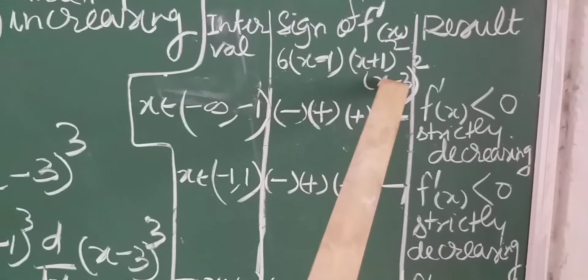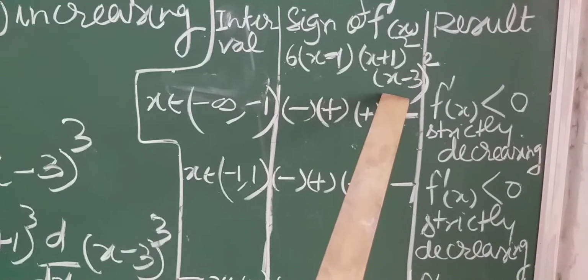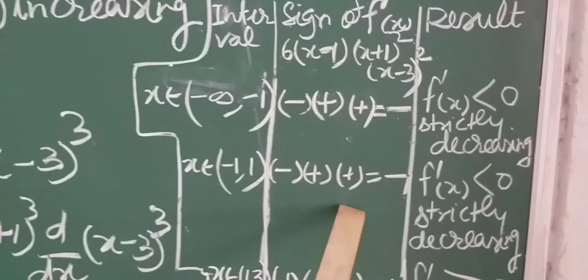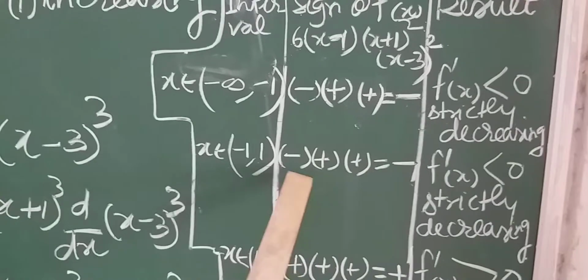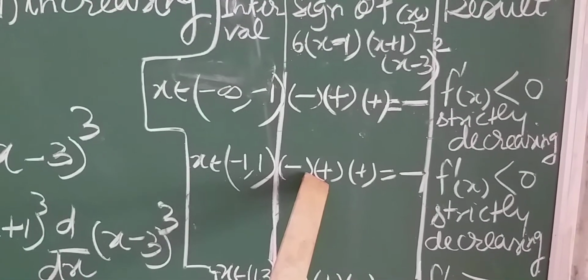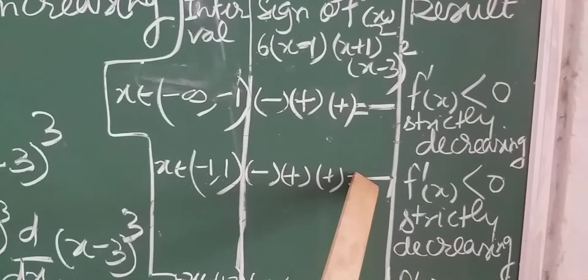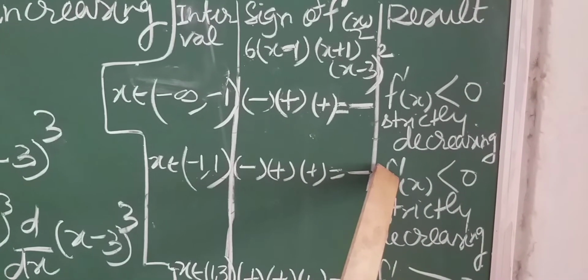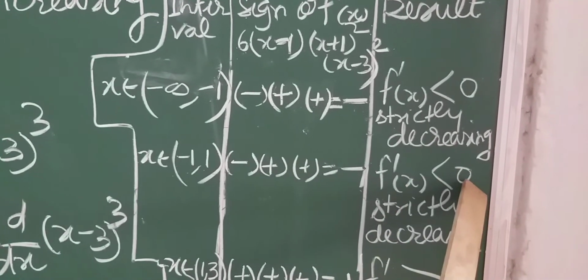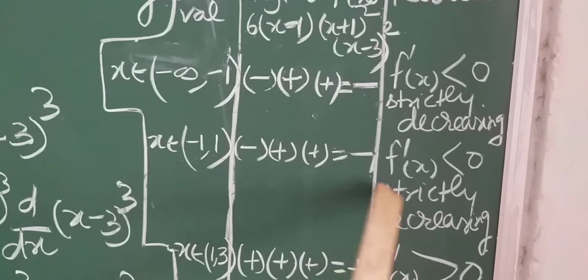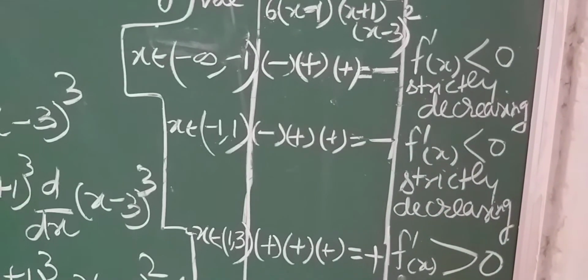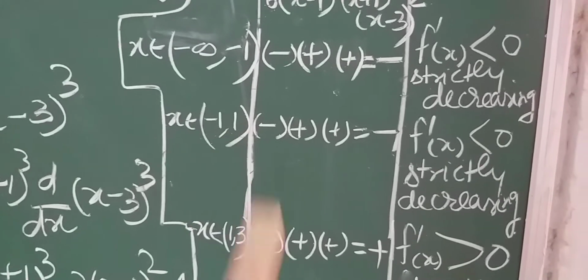When you put 0 minus 3 whole square, then it will be 9, positive. Again student, minus, plus, plus. Overall sign is negative. Again we can write here f dash x less than 0. So therefore the function is strictly decreasing in the interval minus 1 to 1.